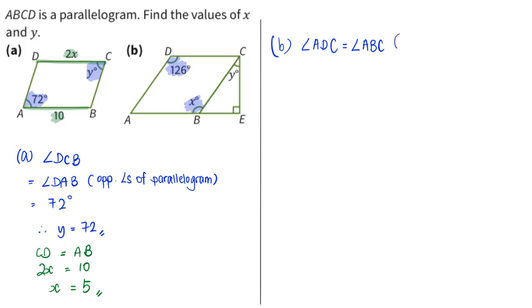The reason is they are opposite angles of a parallelogram. And so in this case, ADC and ABC are both equal to 126 degrees, and therefore x will be equal to 126.